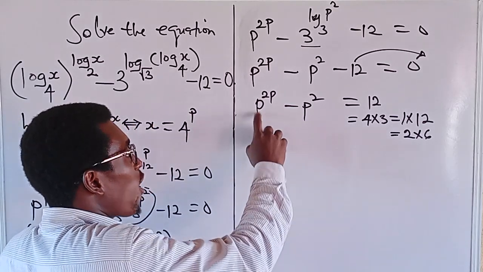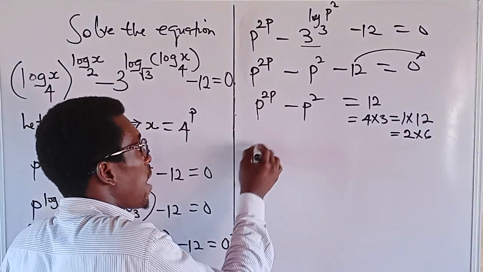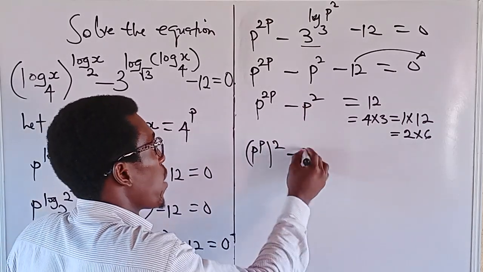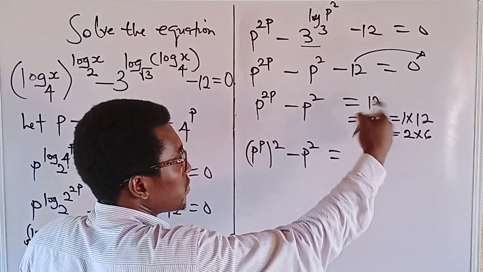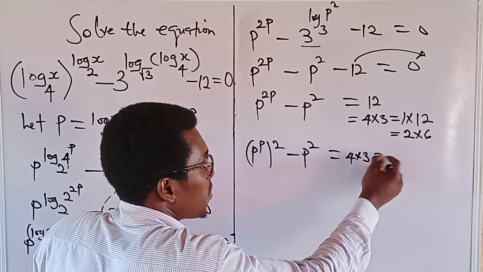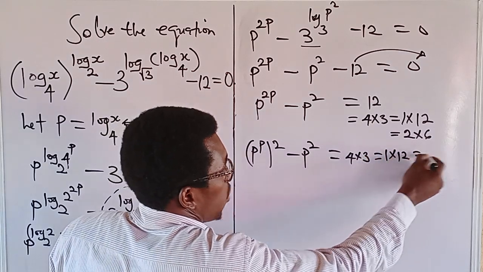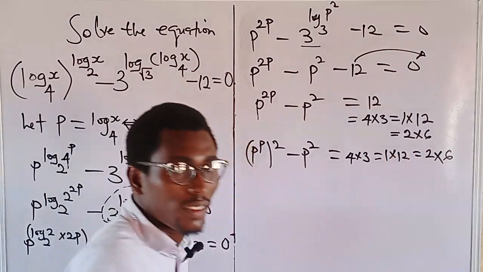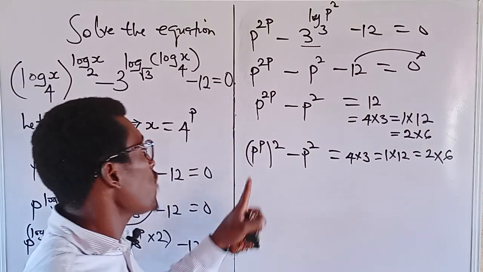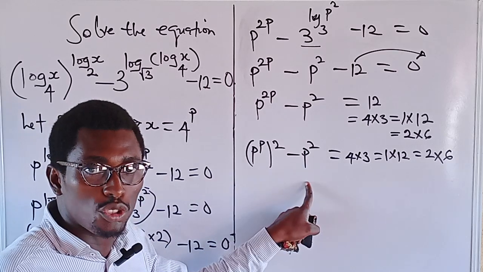Now, this p to the power of 2p can be written as p to the power p all squared. You agree with me? Very simple. The minus p squared equal to, let me write 4 times 3, all right? Equals 1 times 12 equals 2 times 6. Don't forget, we shall pick one of the expressions. Now, if you observe carefully, this is a difference of 2 squares, all right?